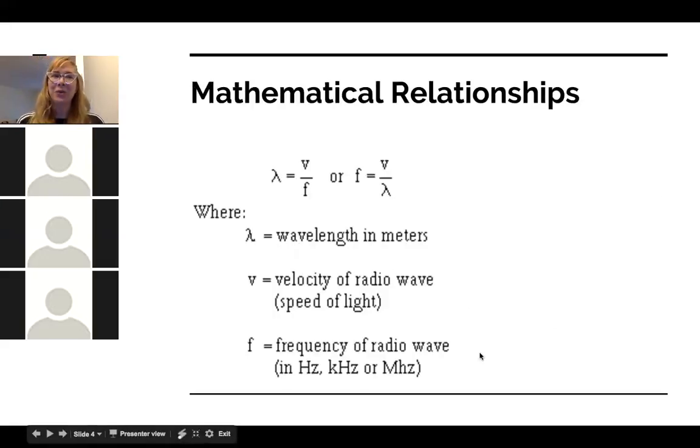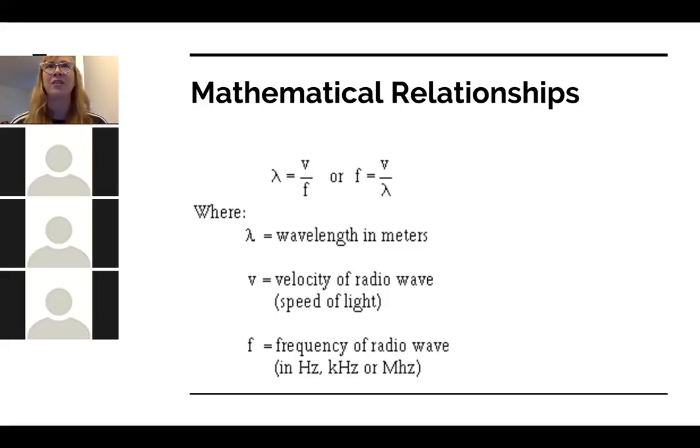So mathematical relationships. I'm actually surprised and sad that they did not include this in the curriculum. I'm obviously going to put it in for next year, but this is a super important mathematical relationship, and it's not hard, right?